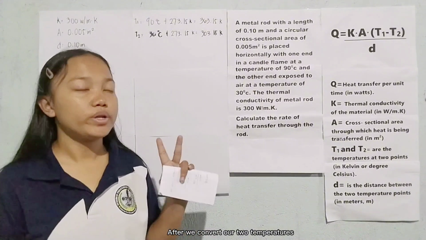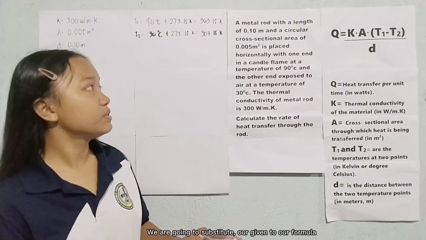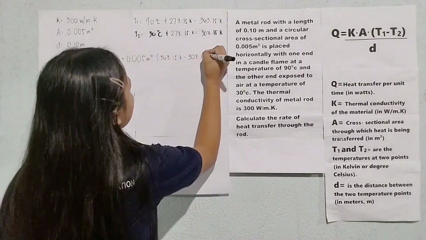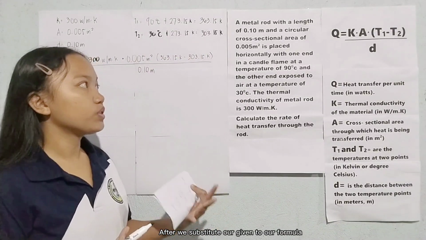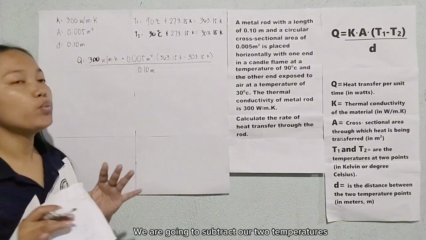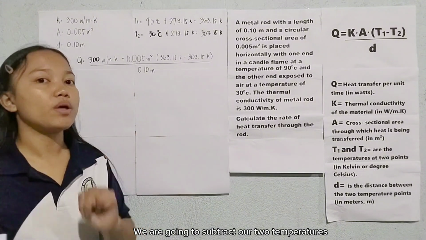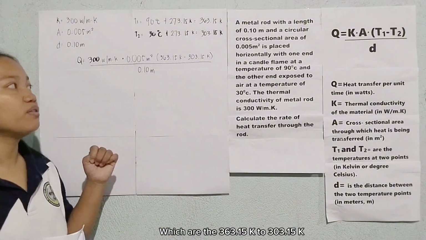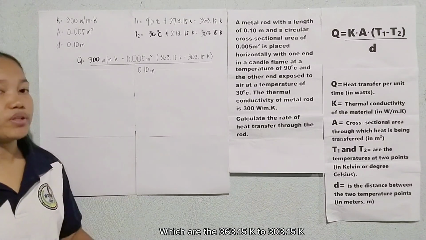After we convert our two temperatures, we are going to substitute our given to our formula. After we substitute our given to our formula, we are going to subtract our two temperatures, which are the 363.15 Kelvin to 303.15 Kelvin.